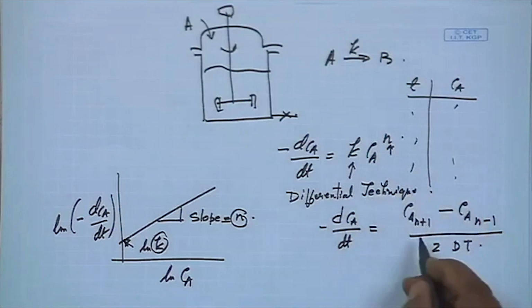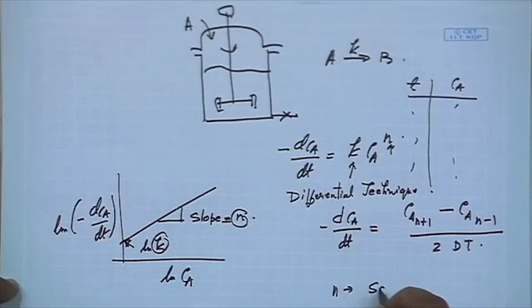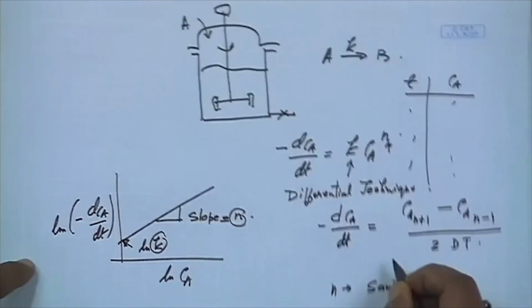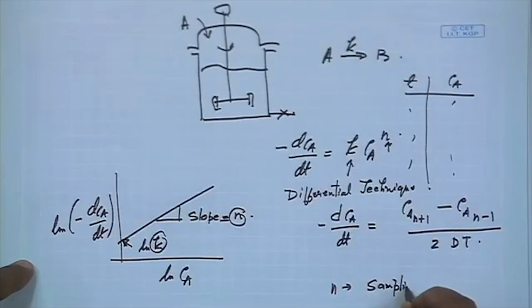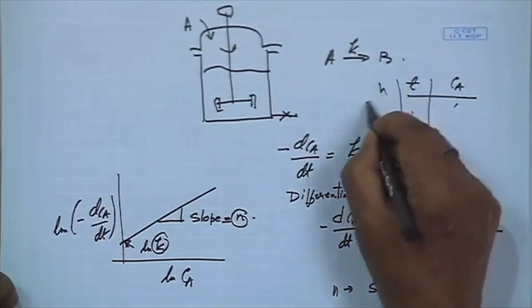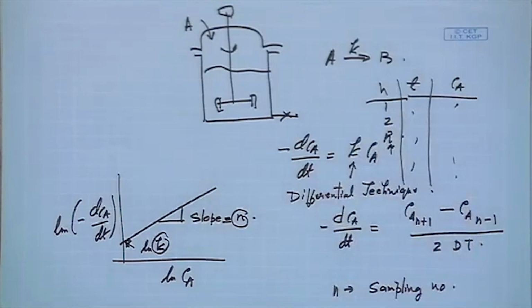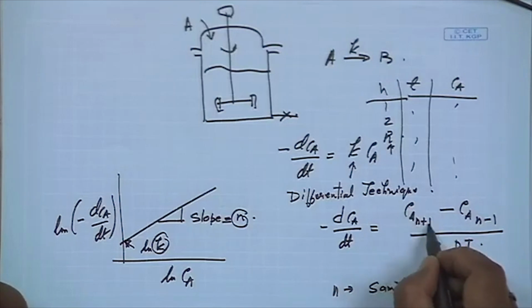Very simple. What is the n? It is the sampling number. Suppose here you put n as 1, 2, 3, 4 like this, you have different numbers.